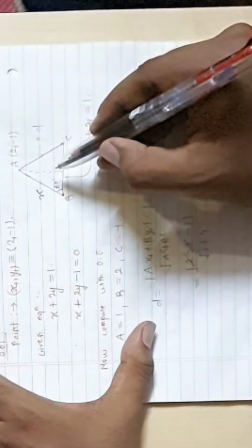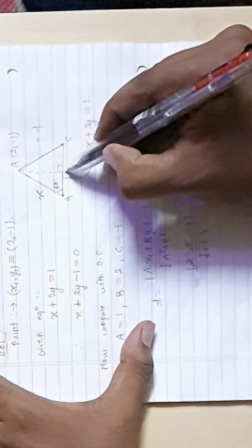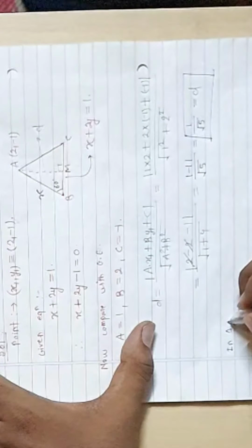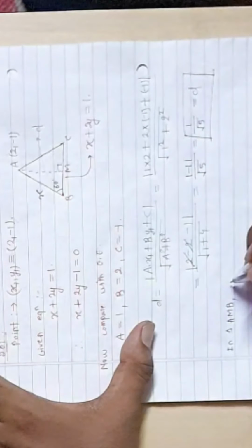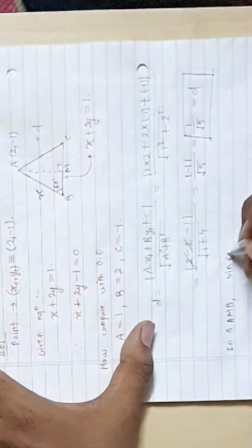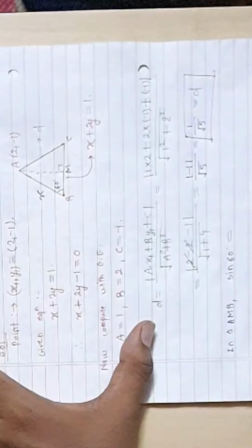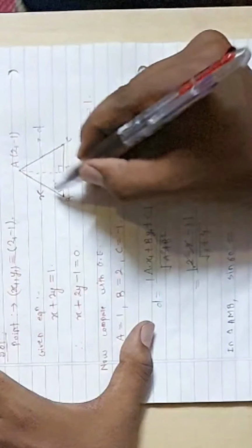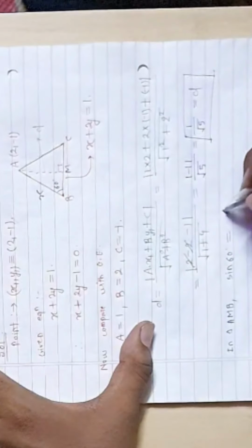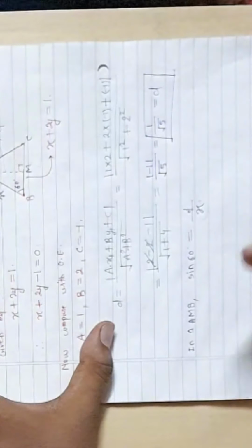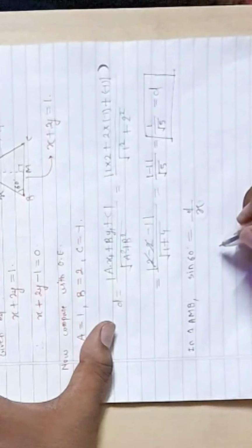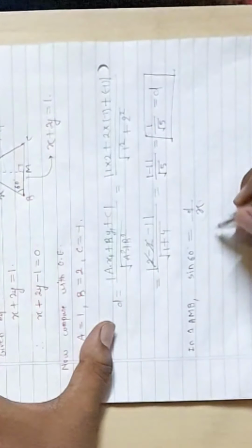So suppose the intersection of the perpendicular and the base is M. Then in triangle AMB, sin 60 degree is d upon AB, and AB is x. So d upon x. So just put all the values in this. First we need to find x, so put this on the left side.